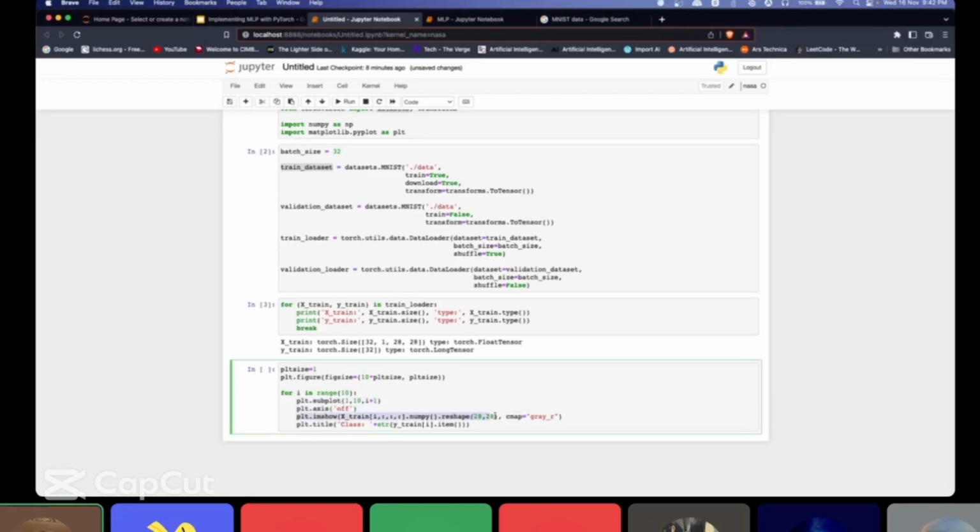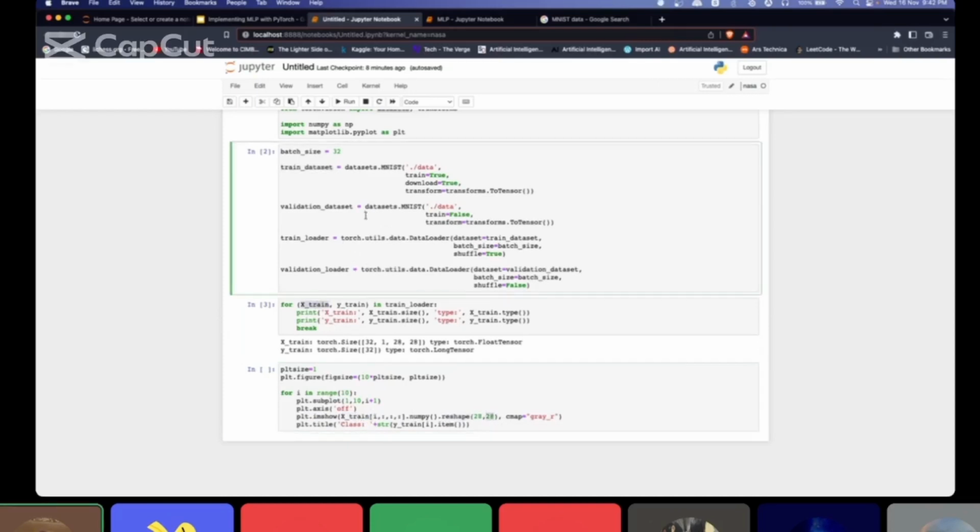Now here, these two things are the most important ones. What I'm doing here is displaying the x variable, which is the images, and reshaping them to 28 by 28, because all of these images are 28 height, 28 width.